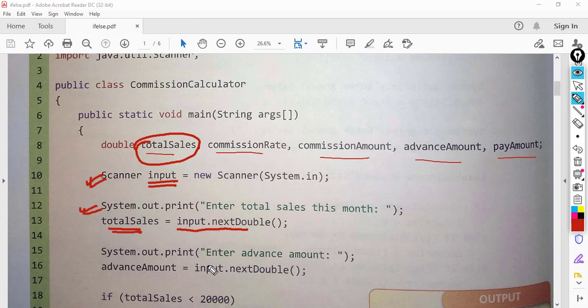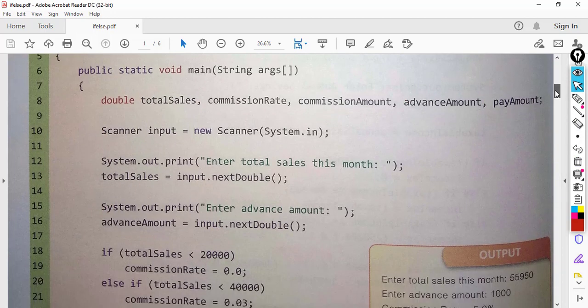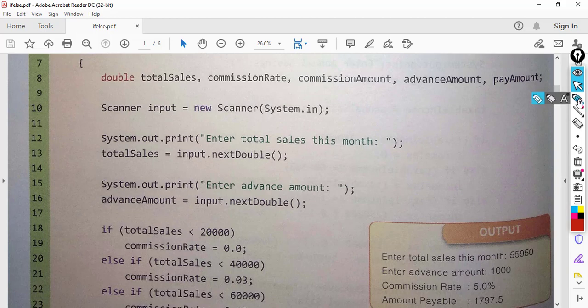And then in the next line we display a message: enter advance amount. So whatever is entered, that will be captured by nextDouble and stored in the advance amount variable. Now we have the data of total sales and advance amount.